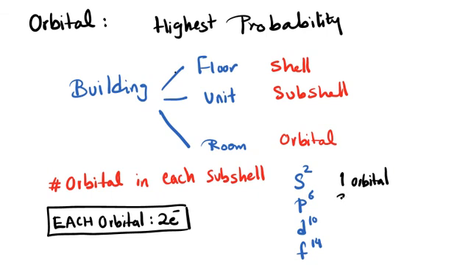It means P has 6 orbitals. D can have up to 10 electrons, which means 5 orbitals for D. And F can hold up to 14 electrons, which means 7 orbitals. So an orbital is the place in the atom where you may find electrons with highest probability.